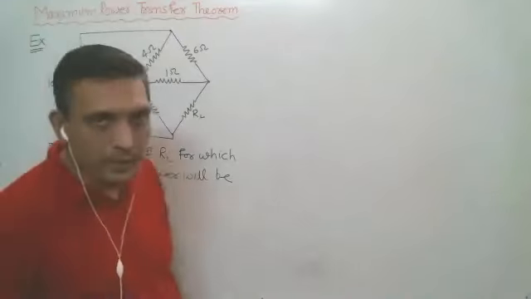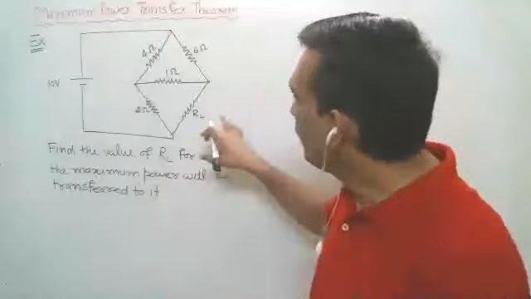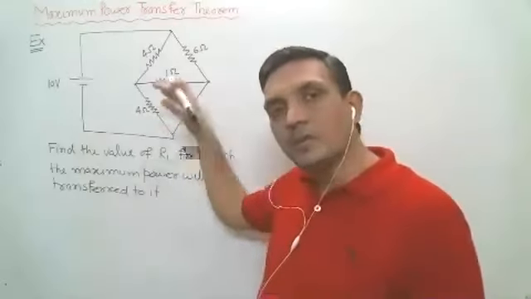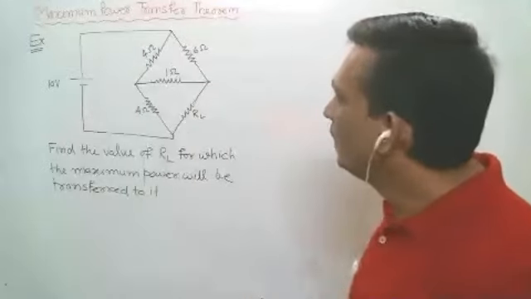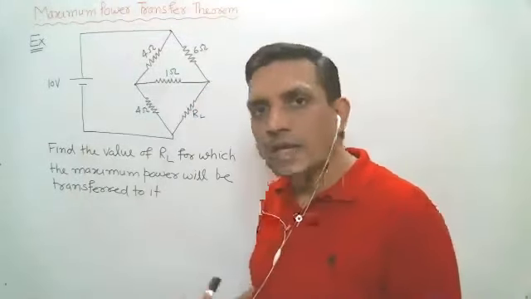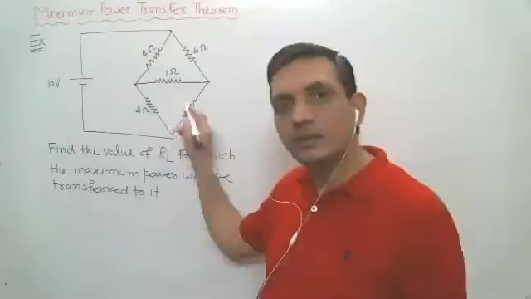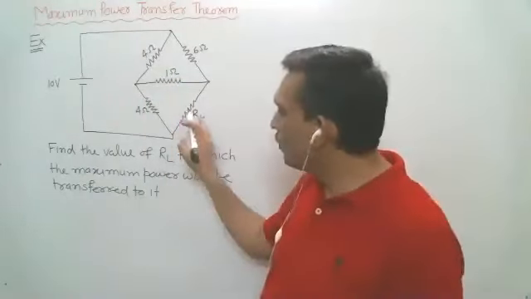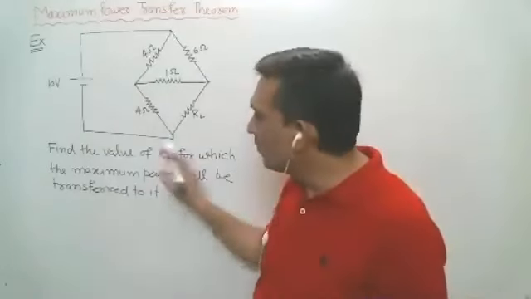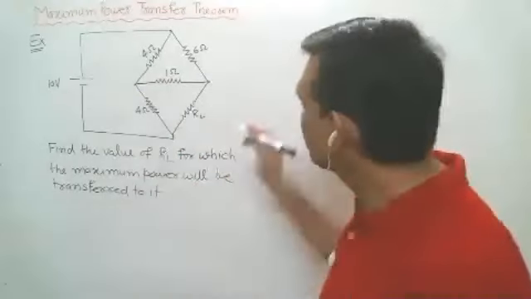So you have to first find what will be the value of RL so that maximum power will be transferred to it. So again you have to draw its Thevenin's equivalent. It means you have to find RTH. If you know RTH, at that value of RL, maximum power will be transferred.